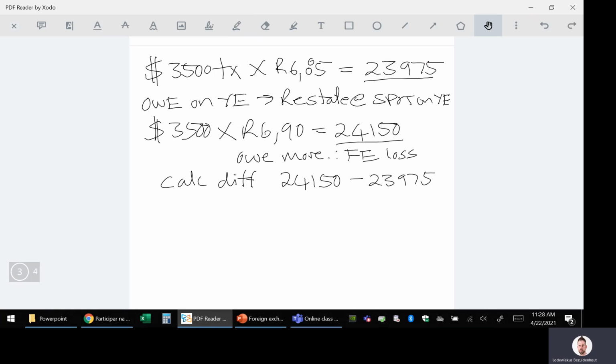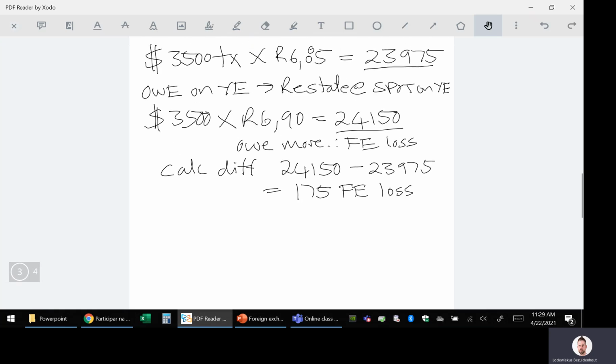Remember, sometimes there is a payment in between the transaction date and the year end. So then you can't just say transaction amount less the year end amount. Then we just need to see what the difference is after the first payment and the balance that we had. So this difference that we now have is 175. So it's a foreign exchange loss, because we have to say credit the creditor with 175 and debit foreign exchange loss with 175.